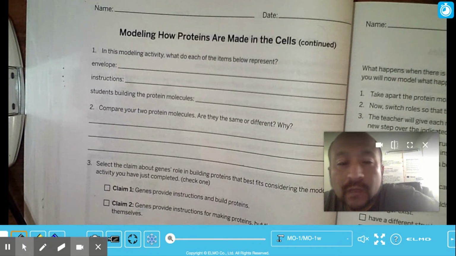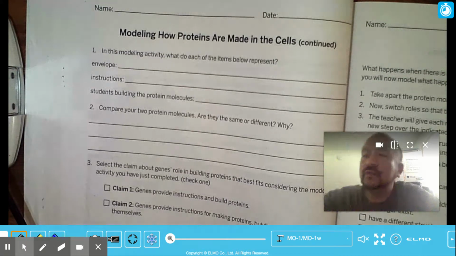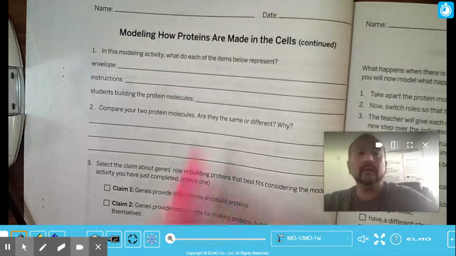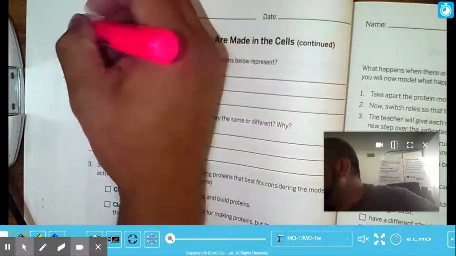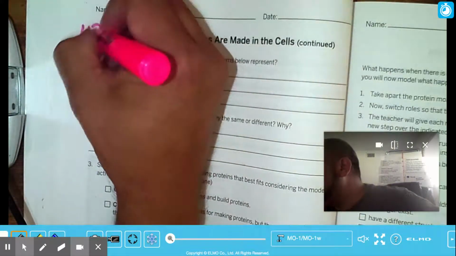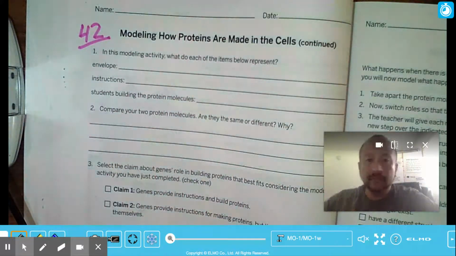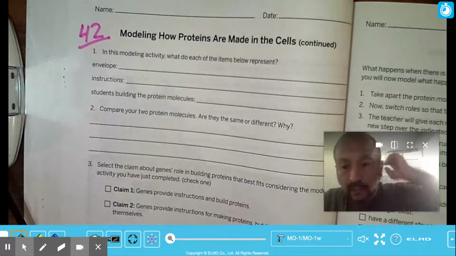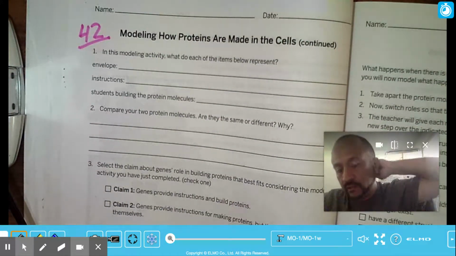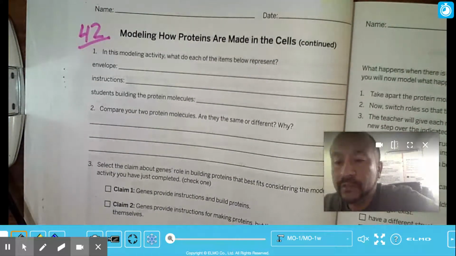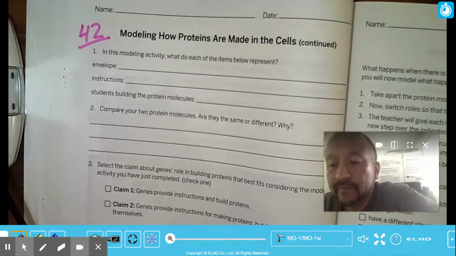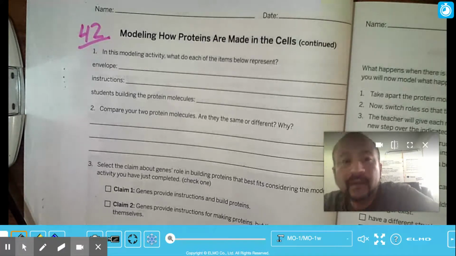We are working on page 42, and I'm going to write that at the top so that you are aware of what page we are working on. This page is going to focus on the video that you watched, in which there was an envelope and what looked like Roblox pieces that you were asked to put together.